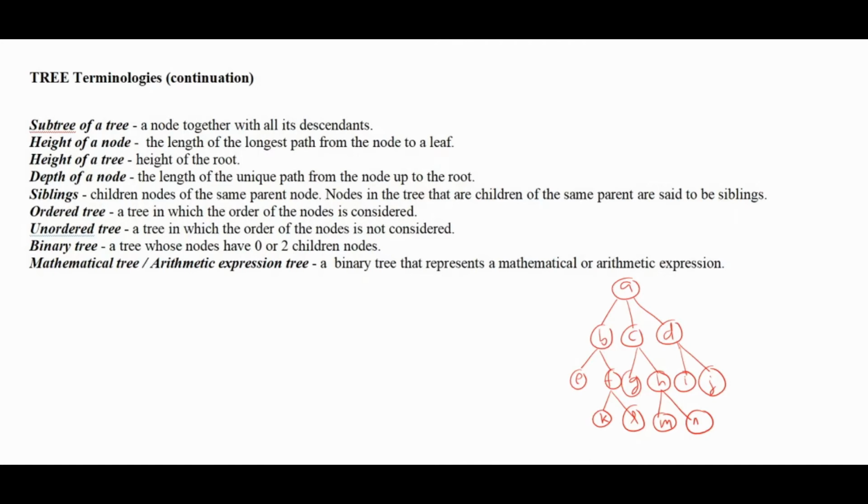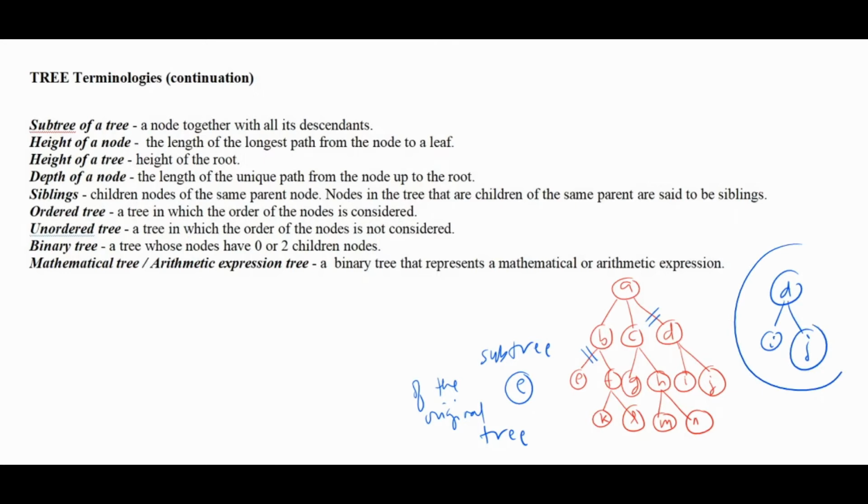So if you cut this, you have E separated from the original node. So this is called a subtree of the original tree. If you cut this, that results in a subtree D, I, J, and we call this a subtree of the original tree.